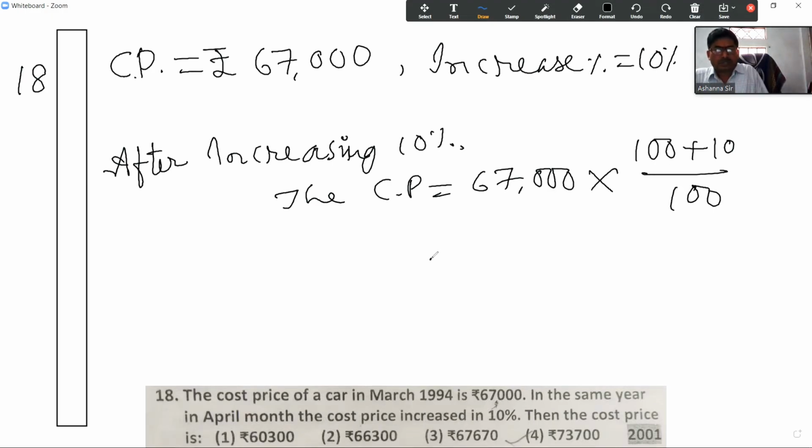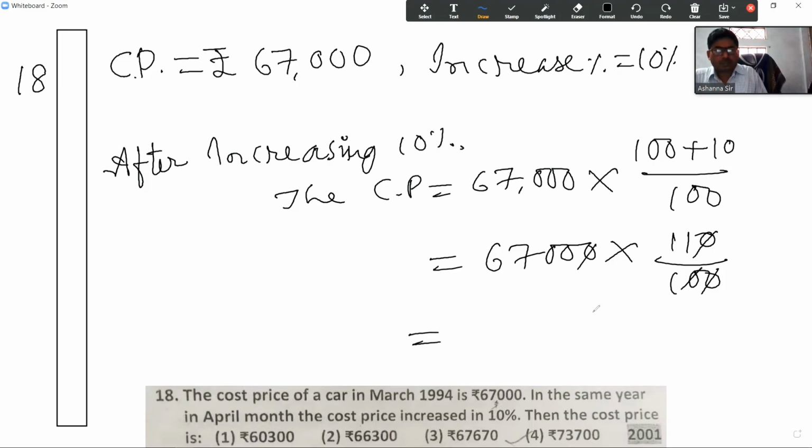So that is equal to 67,000 into 110 by 100. The 10 and 10 get cancelled, this 0 and this 0. So 11 sevens are. First we have to multiply these numbers.